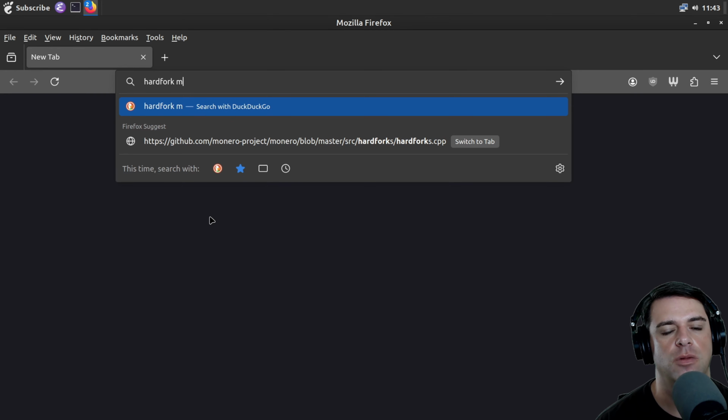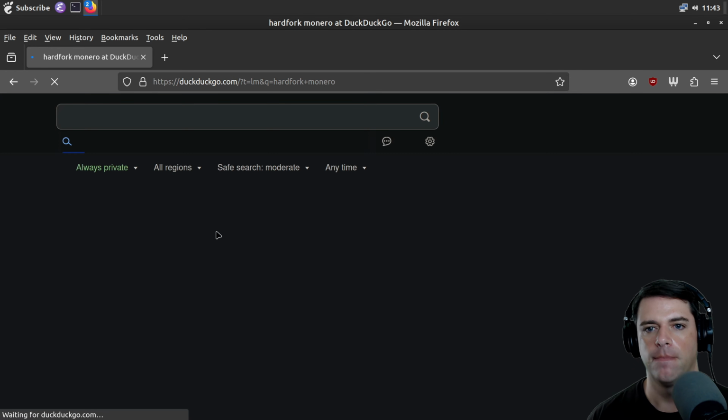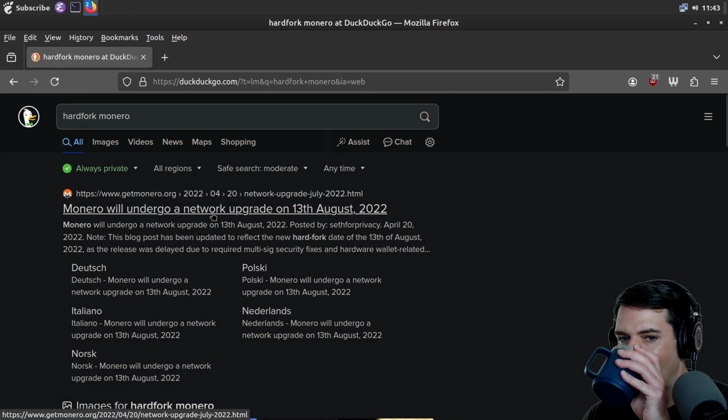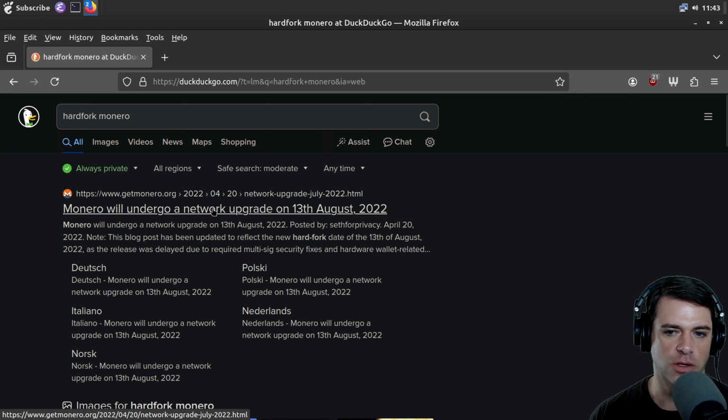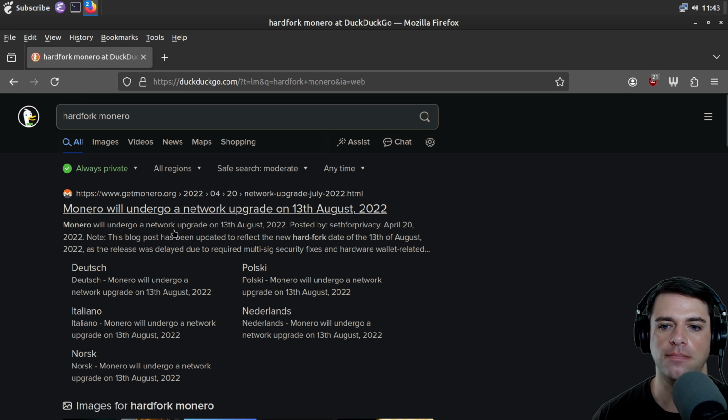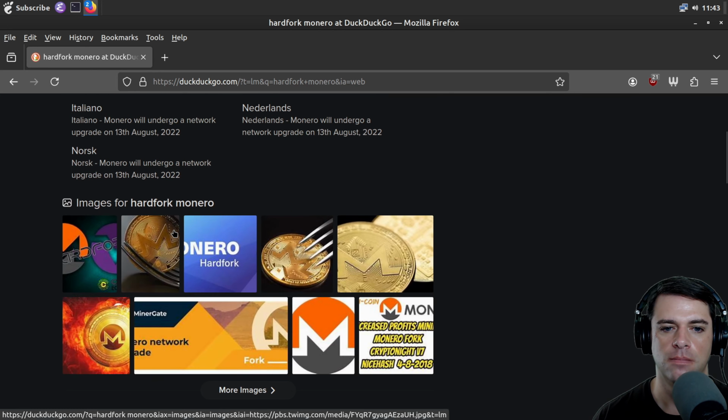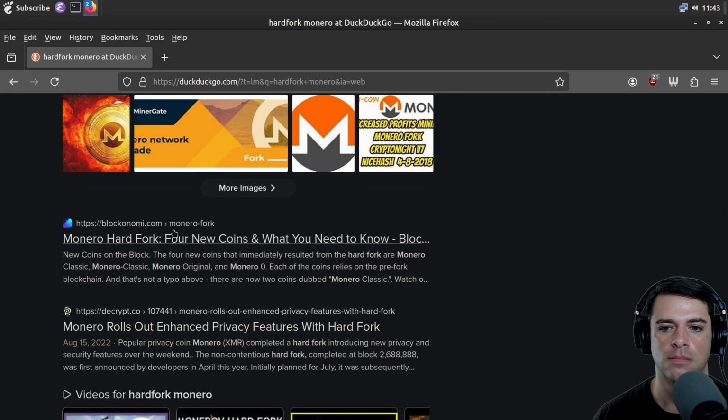Let's look up hard fork Monero. Monero will undergo a network upgrade. Monero hard fork, 4 new coins, and what you need to know.